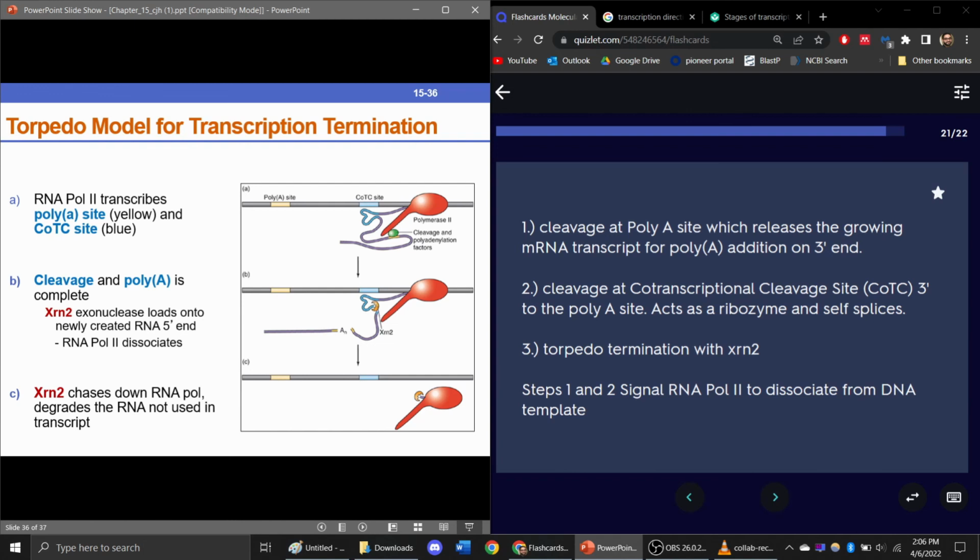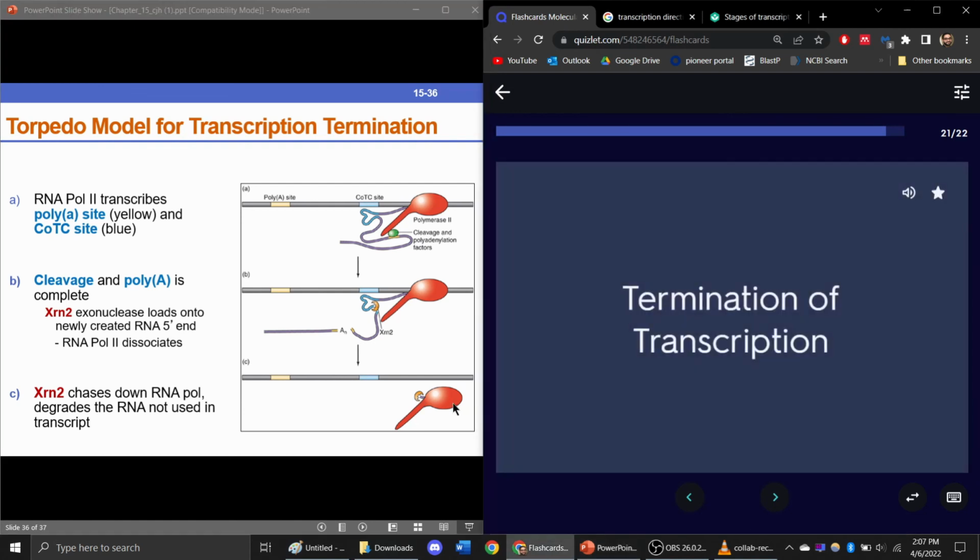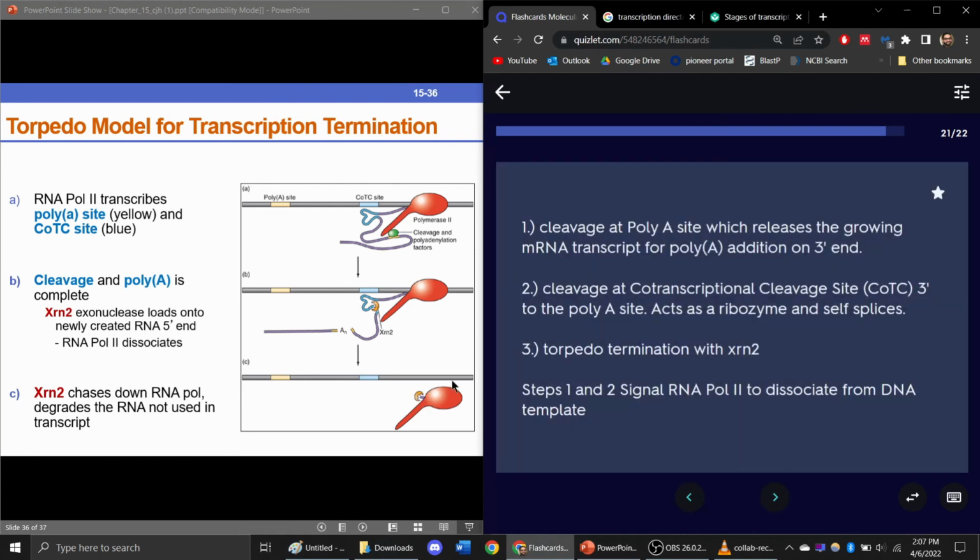Why the XRN2 couldn't just start right here, I don't know. It's not really clear to me, but it's not that deep. Past that, XRN2 just starts eating the noodle, and it eats the noodle until it catches up to the polymerase. Once it catches up, it forces the RNA polymerase to dissociate. So it eats the noodle until it gets to the polymerase, and then it kicks it off. And that's how transcription ends.